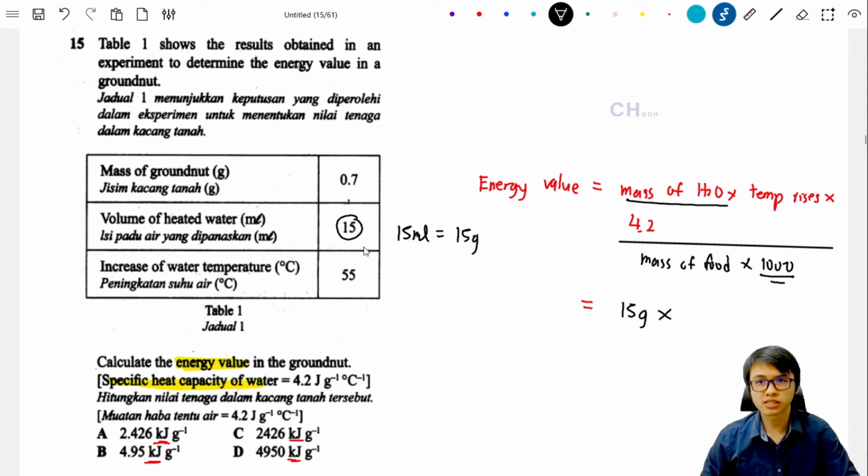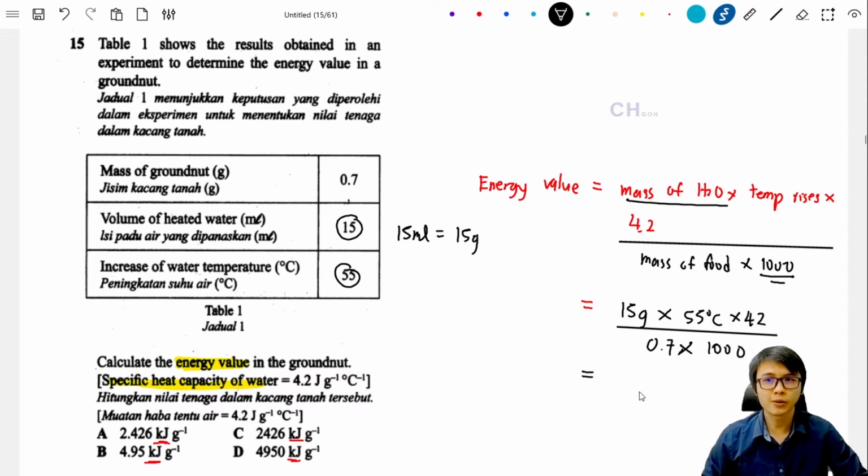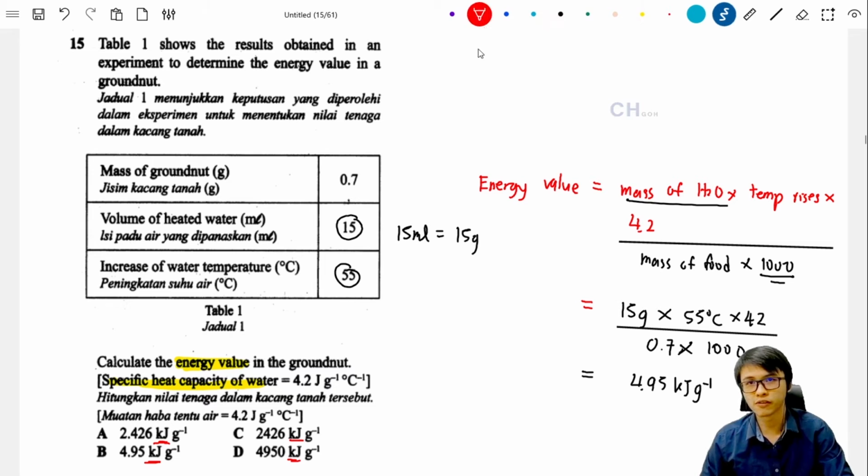The temperature rise is 55 degrees Celsius, times 4.2, the specific heat capacity of water, divided by the mass of the food, which is 0.7 gram, times 1000. From here, you do the calculation and you will get the answer 4.95 kilojoule per gram. So this is the final answer.